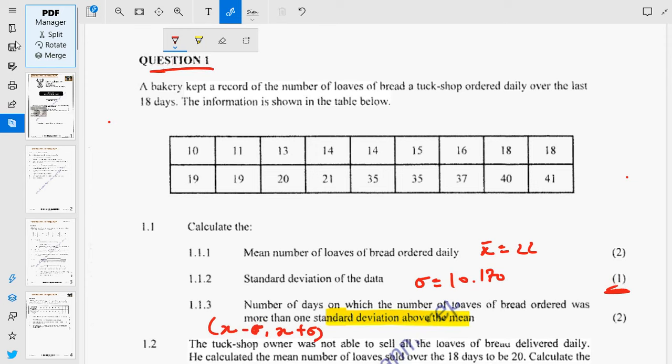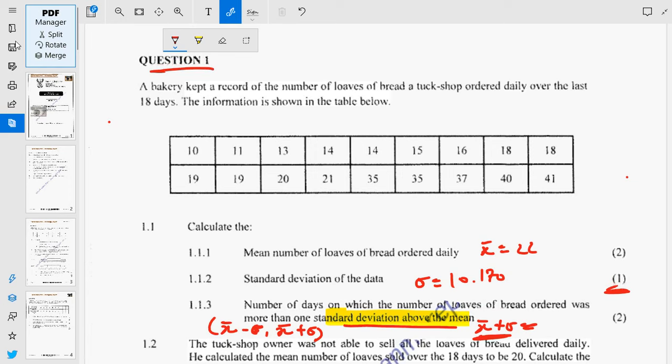So here we are asking the number of days that were more than 1 standard deviation. So we want all the days that were greater than x bar plus the standard deviation.